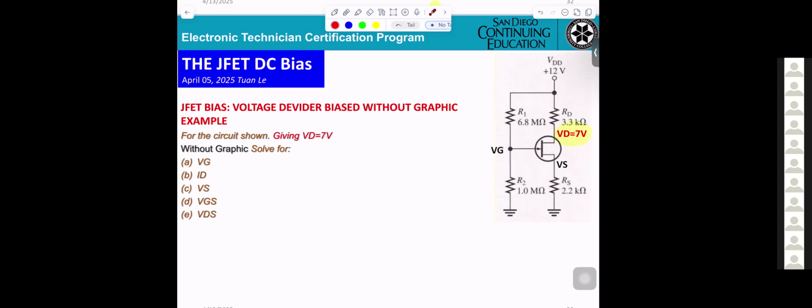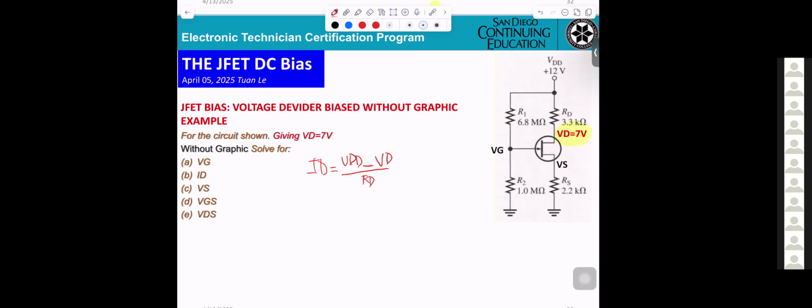So basically, ID equal VDD minus VD divided by RD.